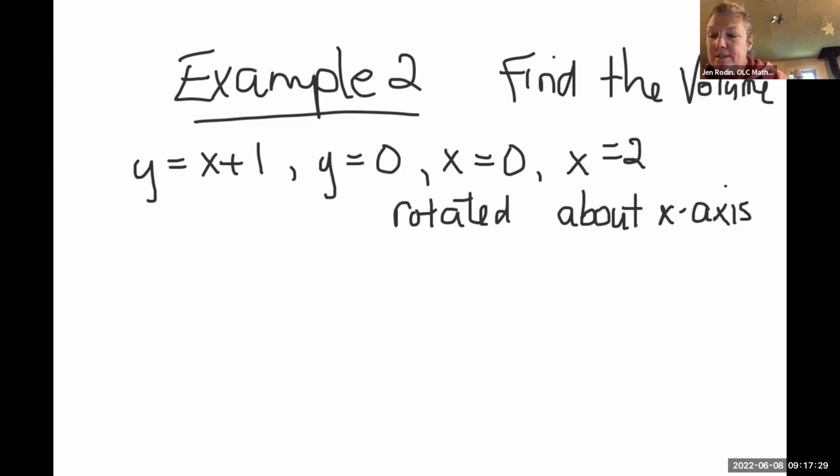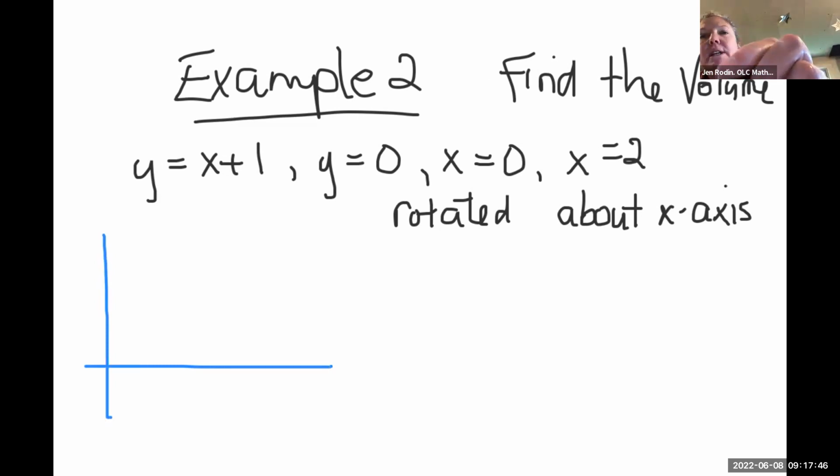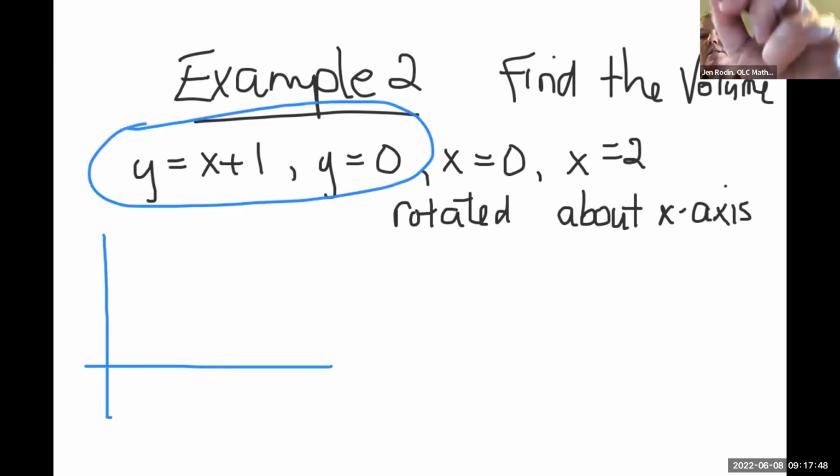So it's very much like when we were finding the area of a region. Now we're just going into 3D. Like before, we want to sketch it. I'll put it over here, because already I can see these are the boundaries of the curve. So x plus 1 would be y equals x shifted up 1.